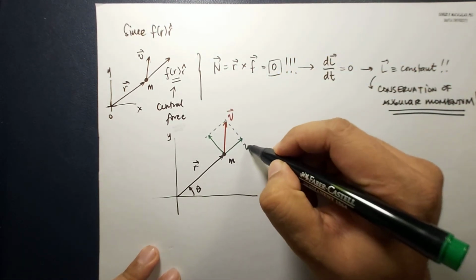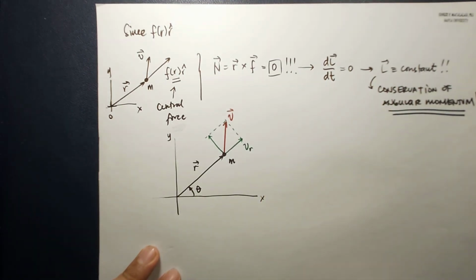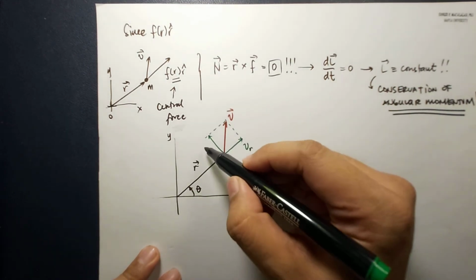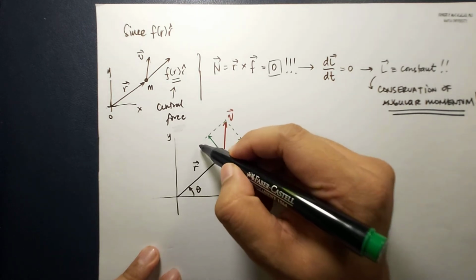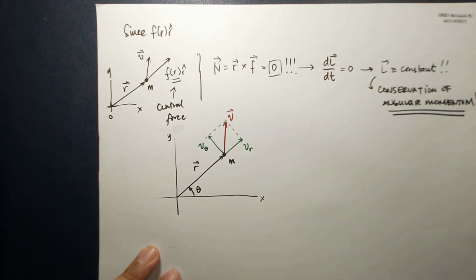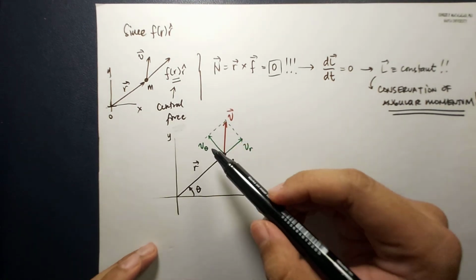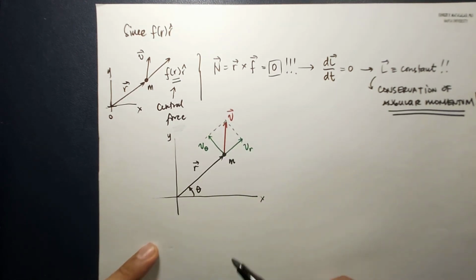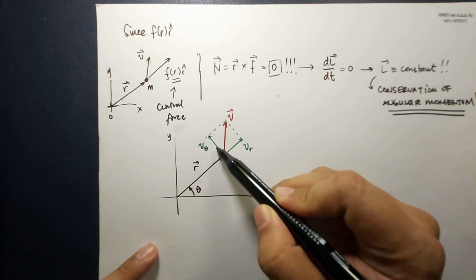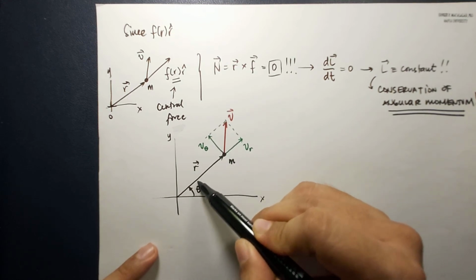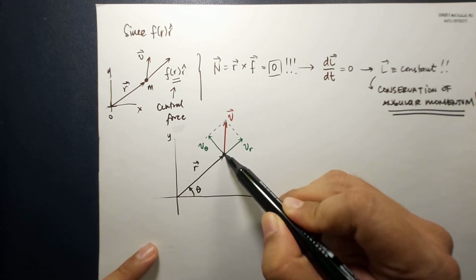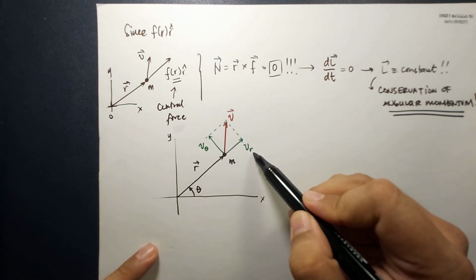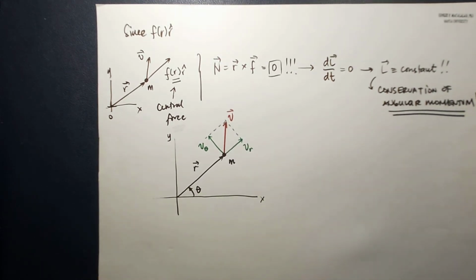We call this component the radial component of the velocity, and we call this component the transverse component of the velocity. It is called transverse because this component is always perpendicular to the radial direction, and of course V_R is the radial direction.